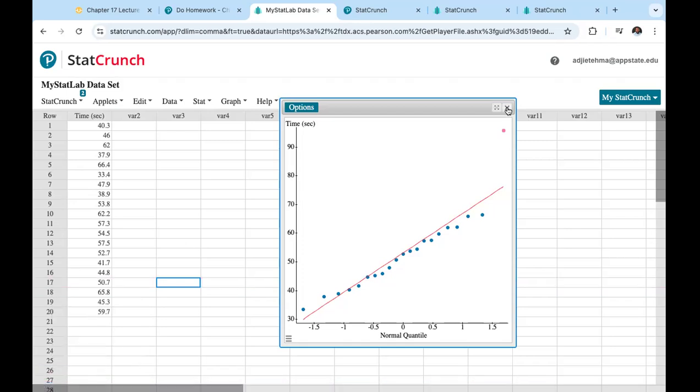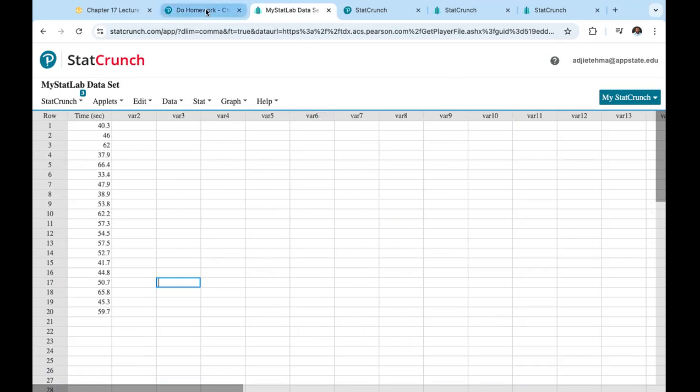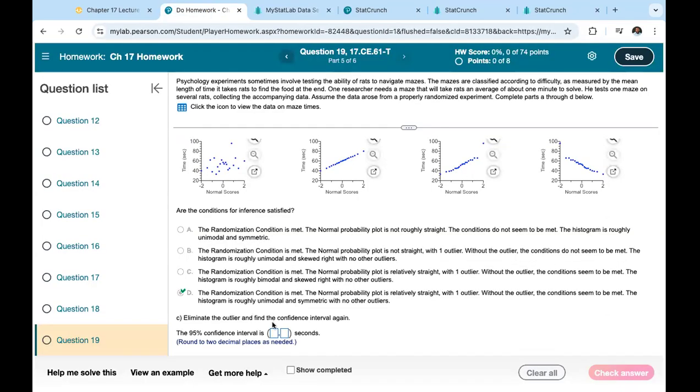And then now when you delete that row, you can compute the 95% confidence interval again. So you repeat the same process and then you're going to get that done. Any questions on that? So I'm not going to do the confidence interval again because I think you should be able to know how to do that now.